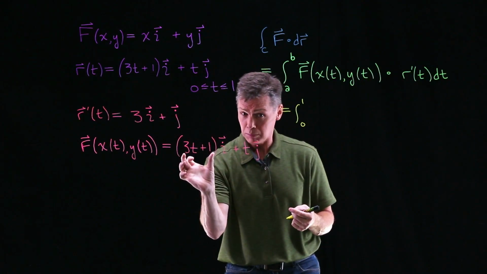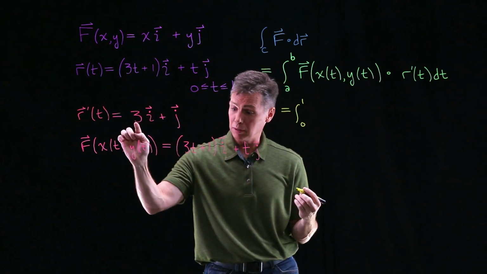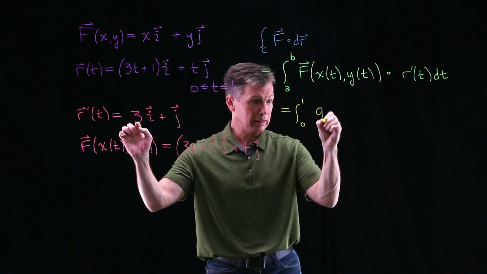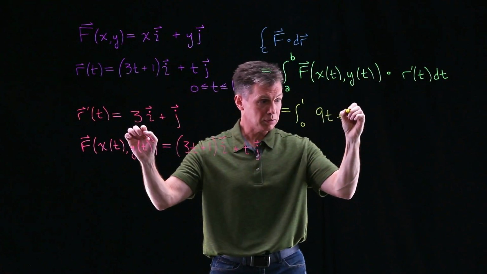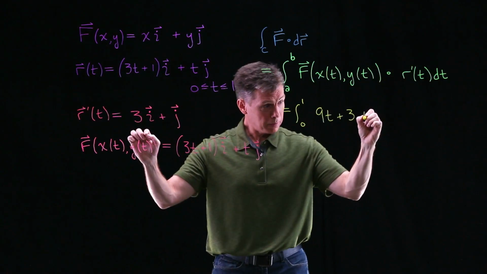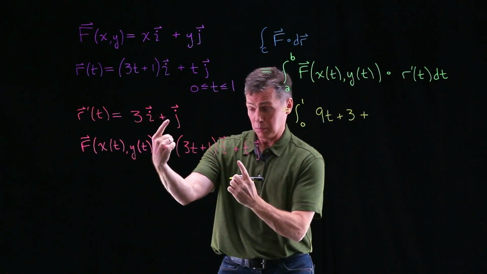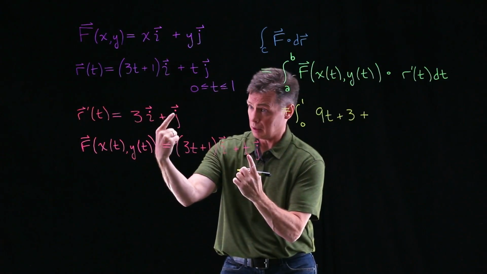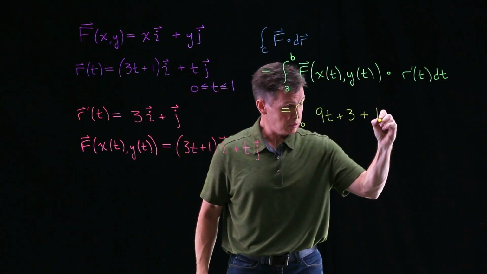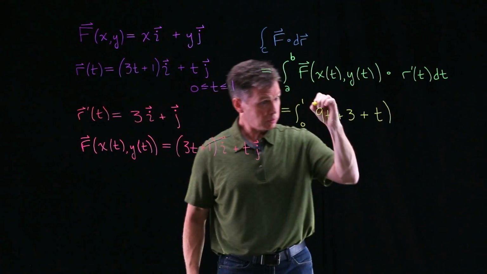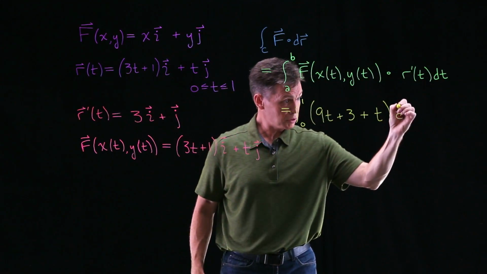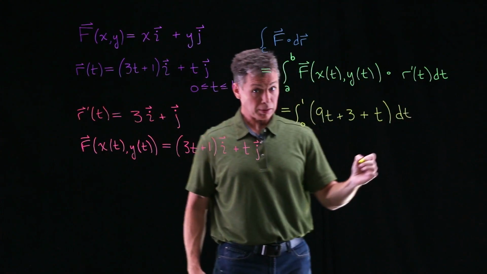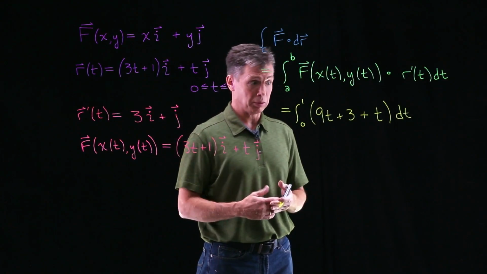So 3t plus 1 multiplied by 3 is going to be 9t plus 3. Then plus, and you multiply the corresponding components of t and 1, so that's just a t, and that's dt. Your integral is looking pretty good, because this is actually going to be a very manageable integral now.